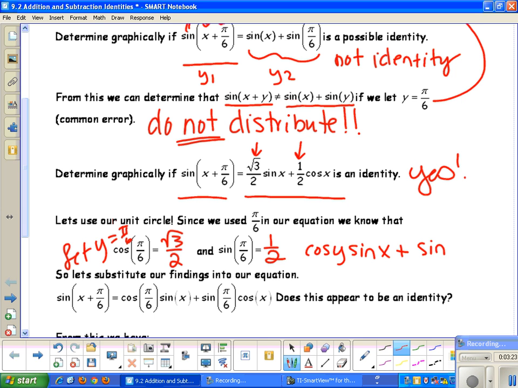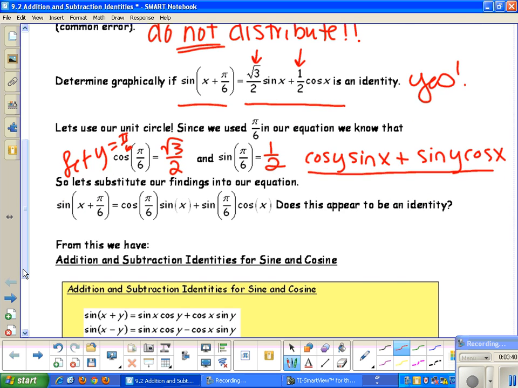So the sine of y then would be times the cosine of x. And this is the identity that we're getting for this, which I'm going to write out a little bit better in just a second. So if we were to plug this next one into our equation and plug in the actual values, you would see that from this we can come up with these identities that we have.